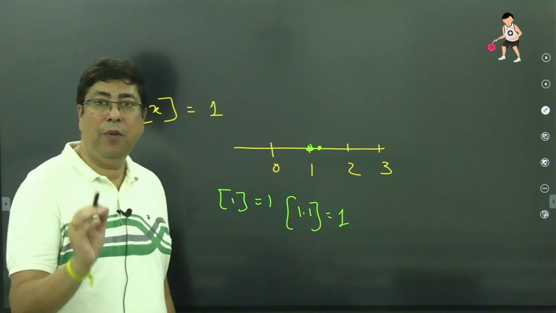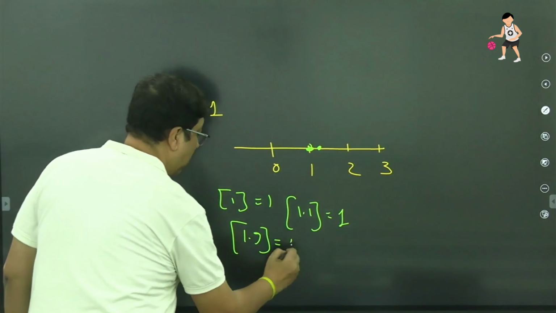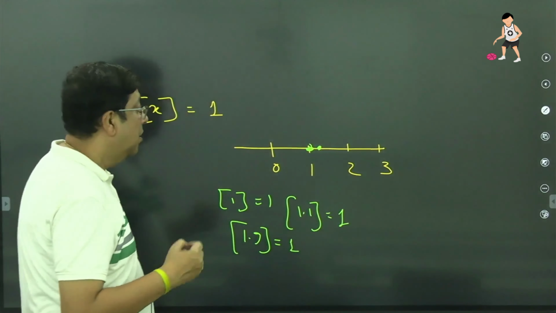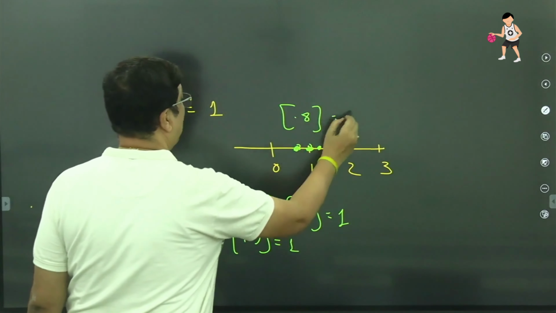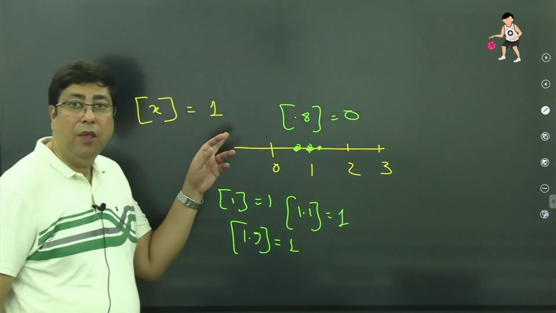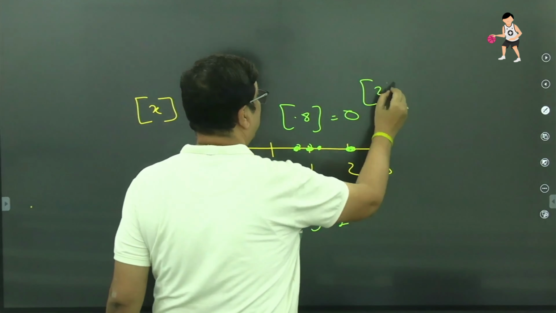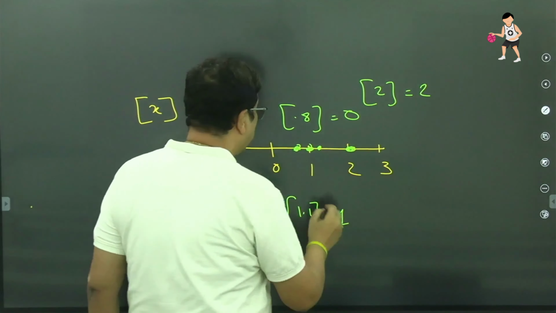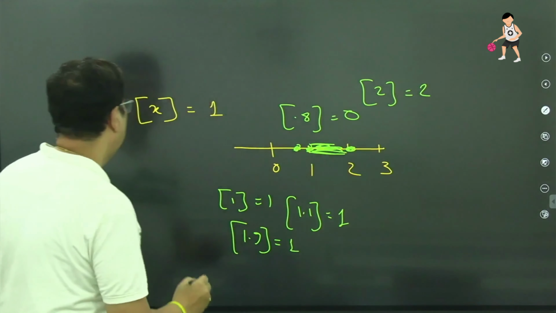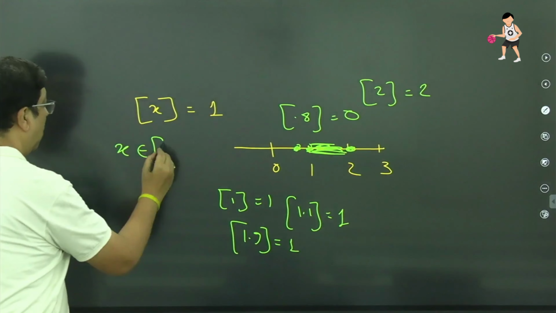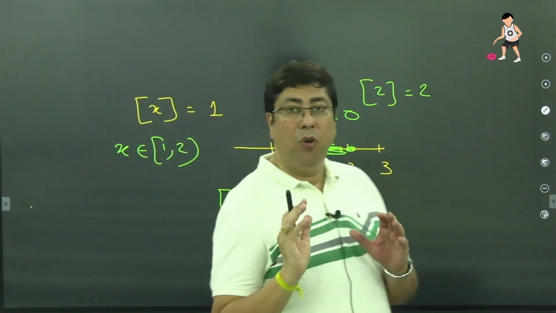If x is 1.9, box of 1.9 equal to 1, so everybody, you have to practice all these things at home, okay? If x is 0.8, box of 0.8 is 0, so it is not satisfied. If x is 2, box of 2 is 2, it's not satisfied. So this region, 1 before 2, means x belongs to 1 to 2, closed at 1. So we have to do like this.